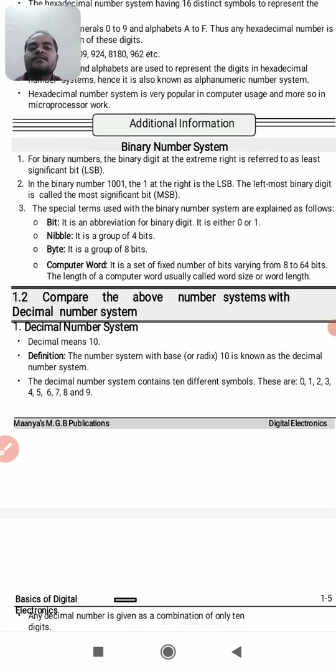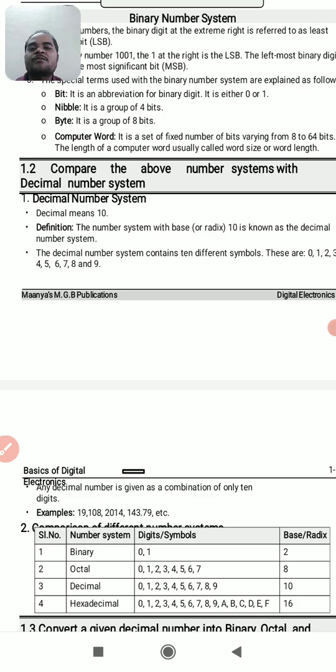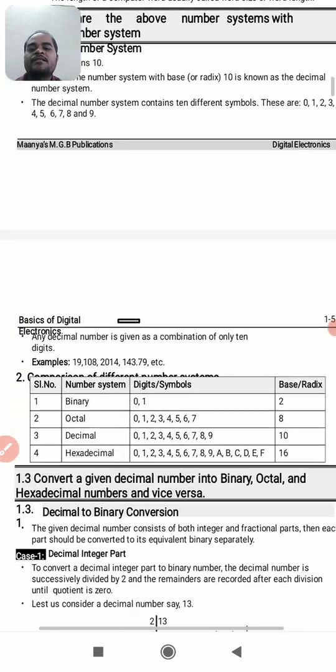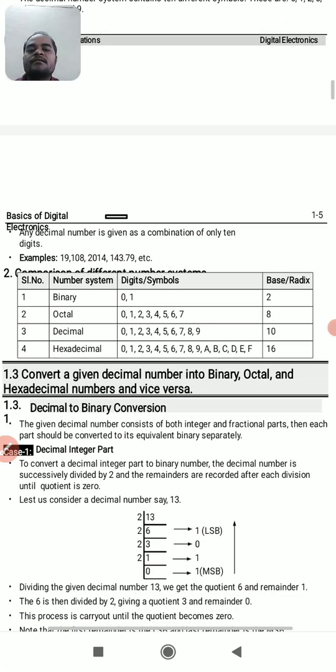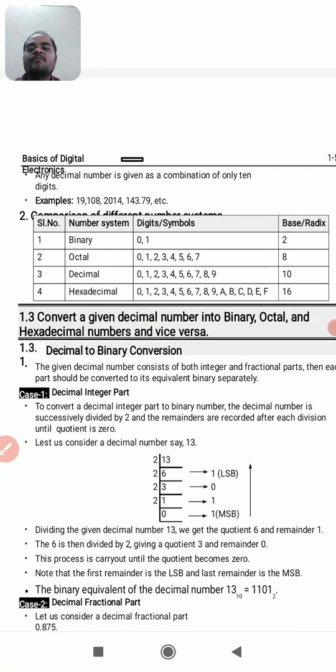So next, when we compare the above number system with other number systems like the decimal number system, decimal means 10 here. We have the values 0 to 9 present. So this is the important tabular column given here, representing binary, octal, decimal, and hexadecimal, with binary base 2, octal base 8, decimal base 10, and hexadecimal base 16.